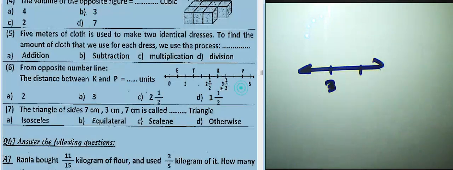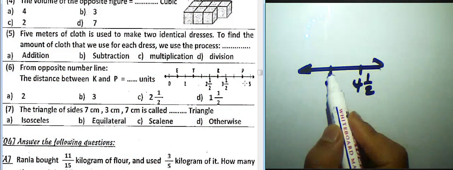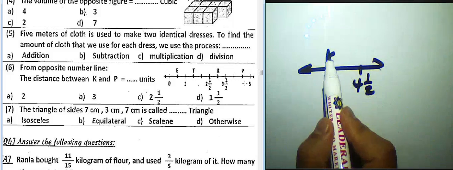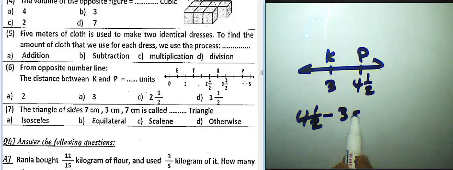And here 3.5, 4, 4.5, B. It was K and it was B. The difference between them, 4.5 subtracted by 3, equals 1.5. Choose letter D.